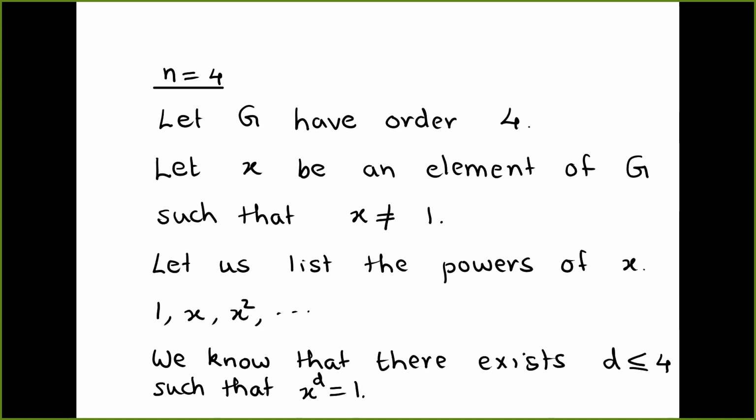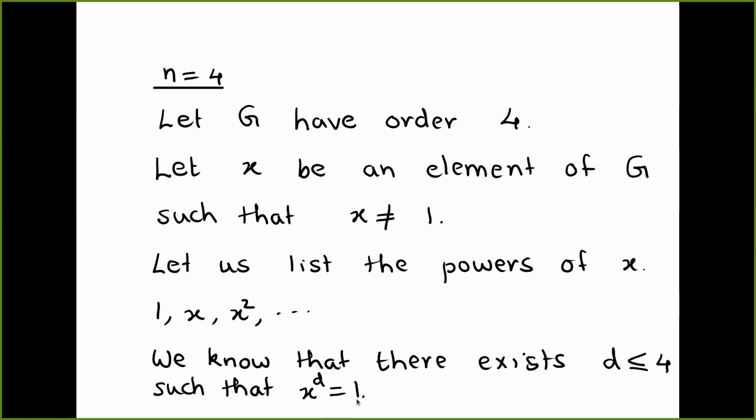Now let x be an element of G such that x is not equal to 1. And let us list out the powers of x: 1, x, x squared, and so on. Well, I know that there is some d less than or equal to 4 such that x to the power d is equal to 1.